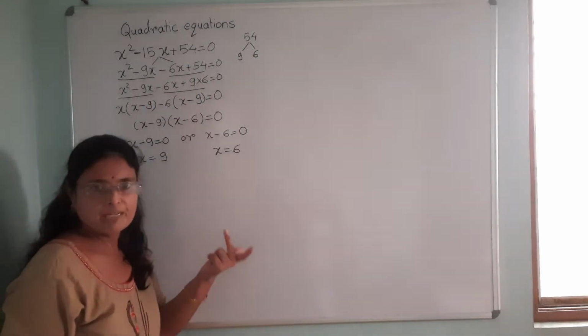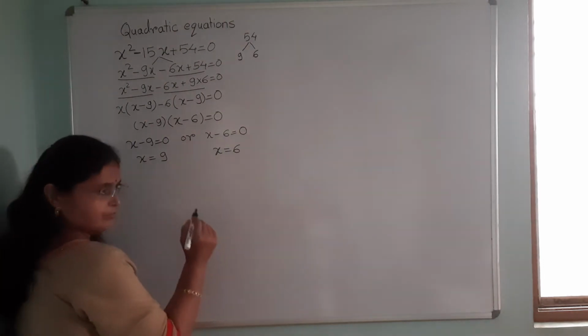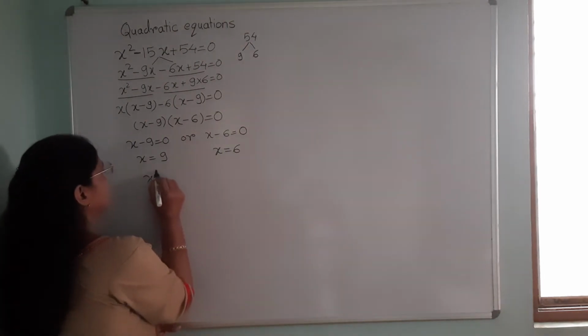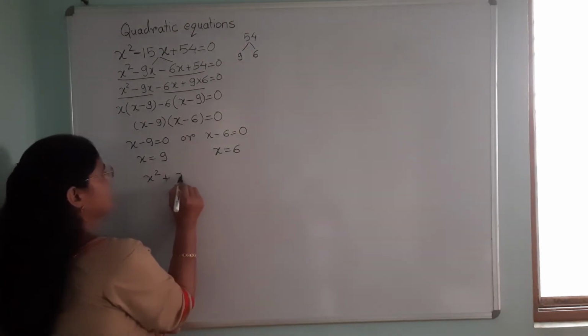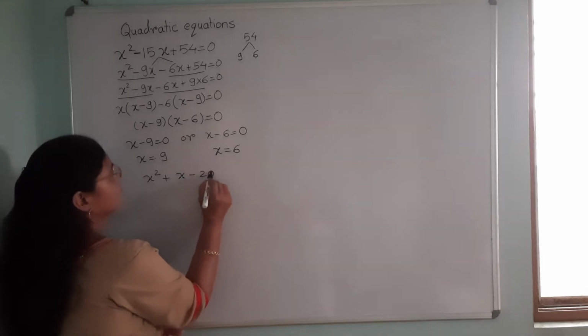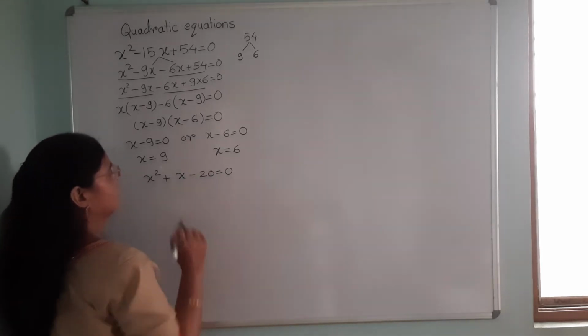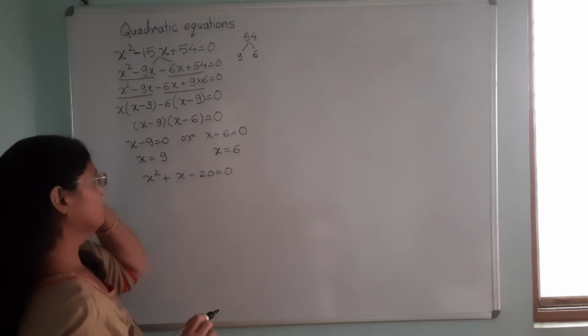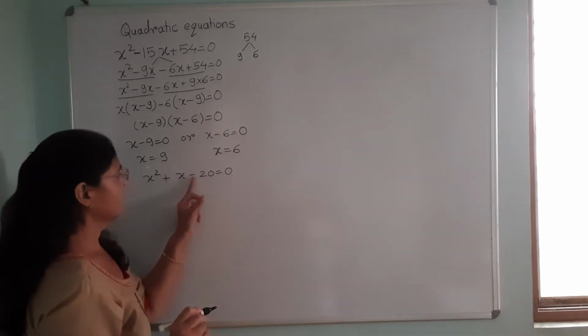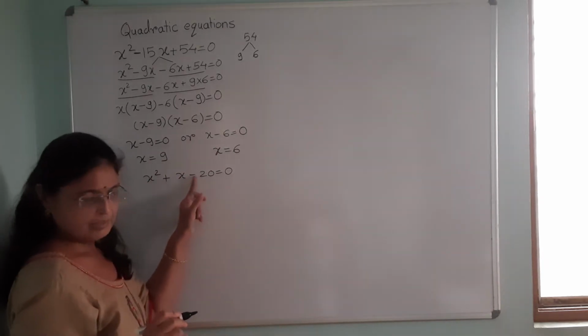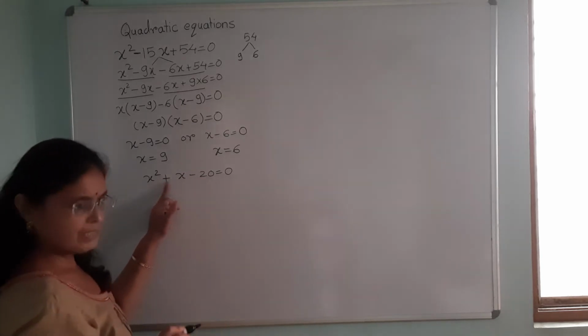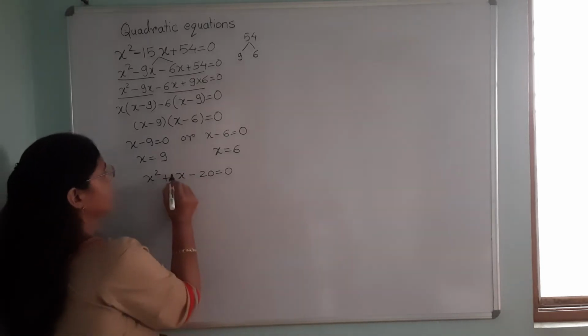If the third term has a negative sign, let us take x square plus x minus 20 equal to 0. In this quadratic equation, the third term has a minus sign and the middle term has a plus sign. It has coefficient 1.